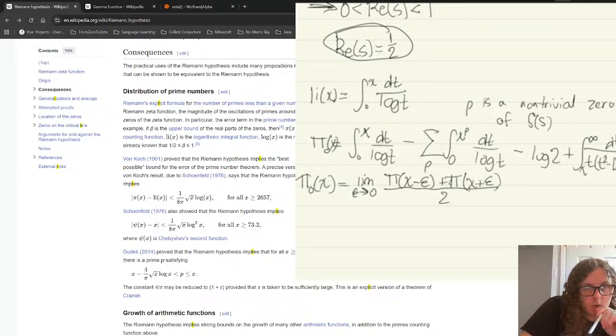So if we know the real part of s is equal to 1/2, then we are given a bound for where that prime will be, and it's a pretty restricted bound, actually.